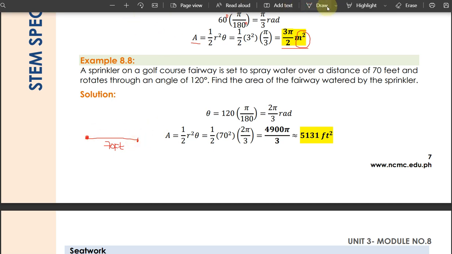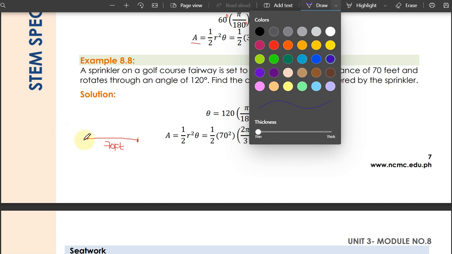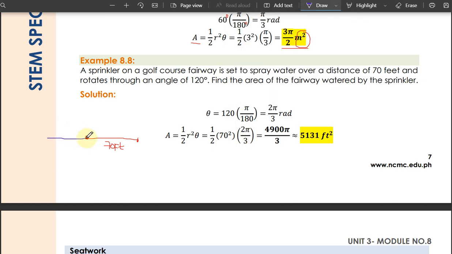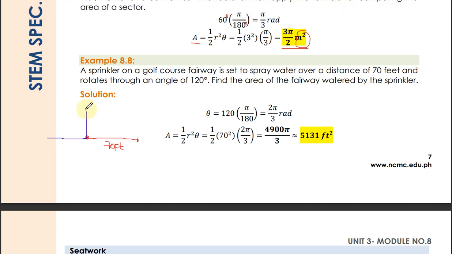So since this is 180, then this is 90. 180 minus 120 is 60.